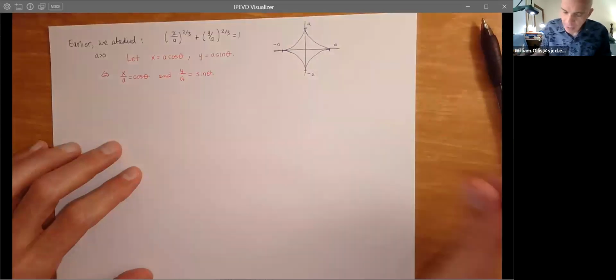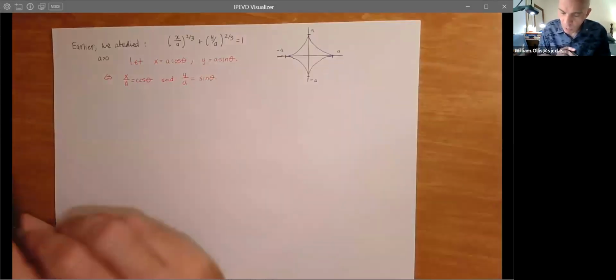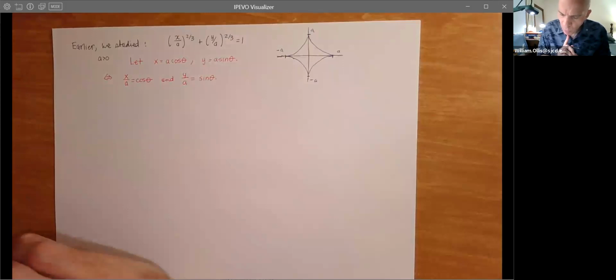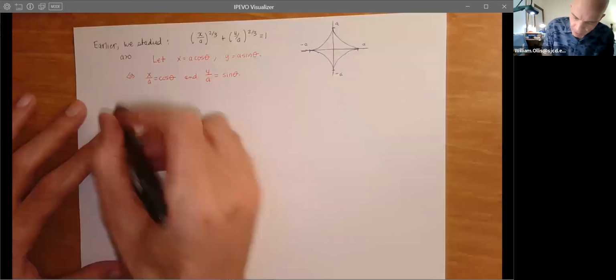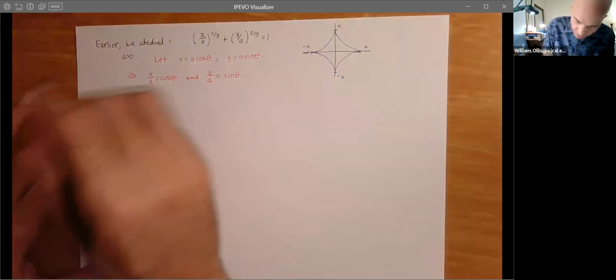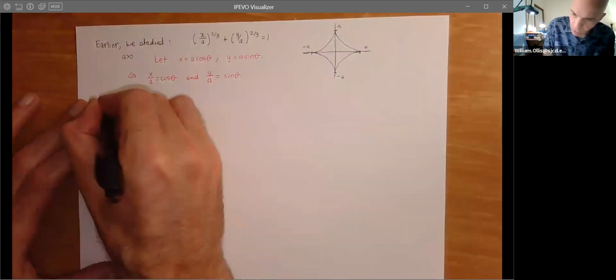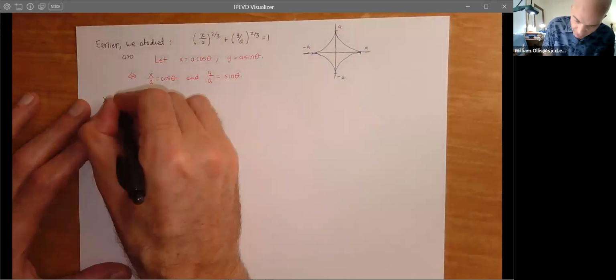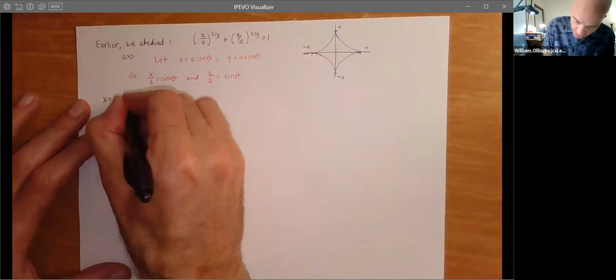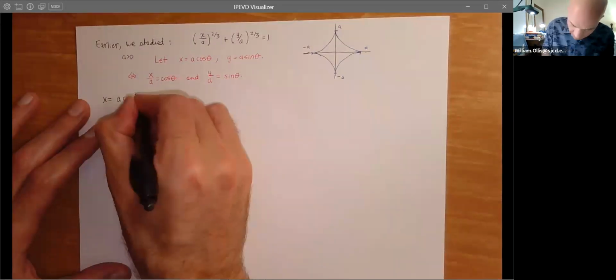So if we look at that, okay, well, that's almost what we want. Let's look at it this way. That might be a good way to do it. Let's try this. Let me also look at it this way. Say, for instance, X equals A cosine cubed theta.